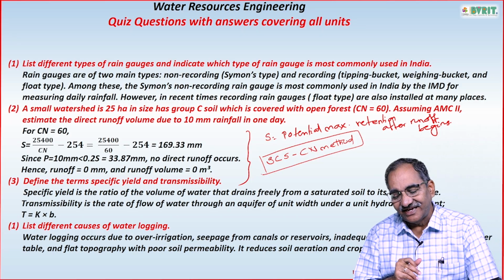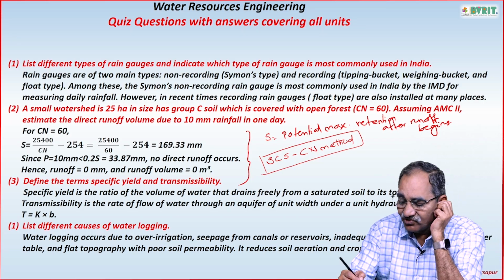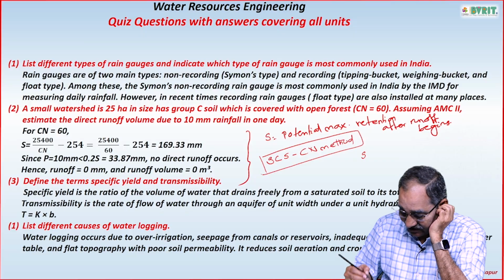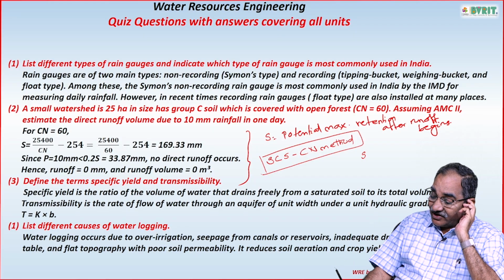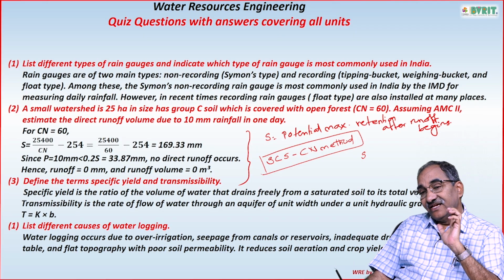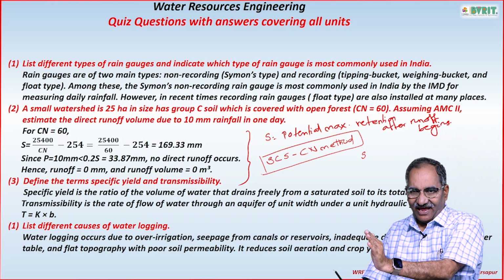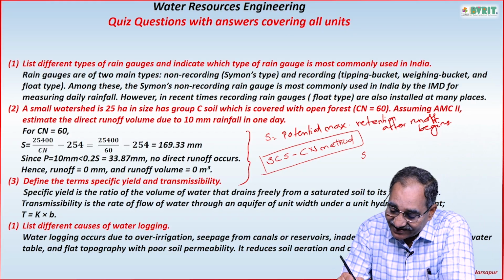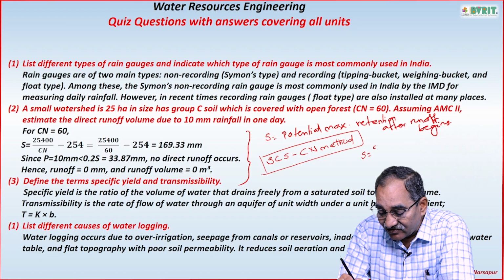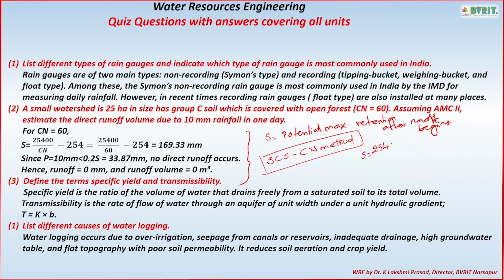So in any problem you need to find out S, because in your final equation it is all related between the rainfall and S value. So what is S value? S value is 25400 by CN minus 254.